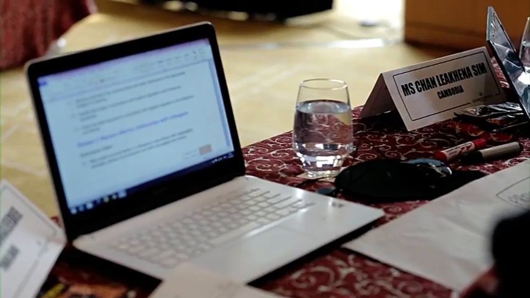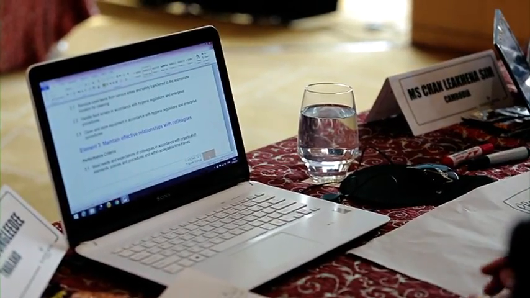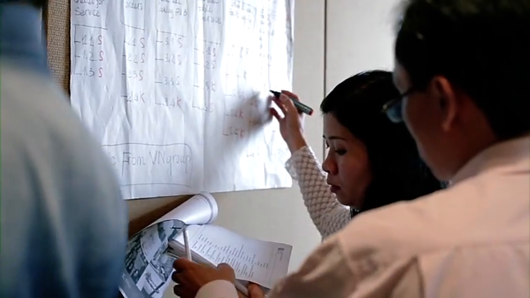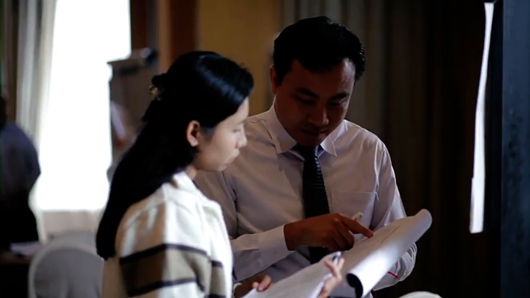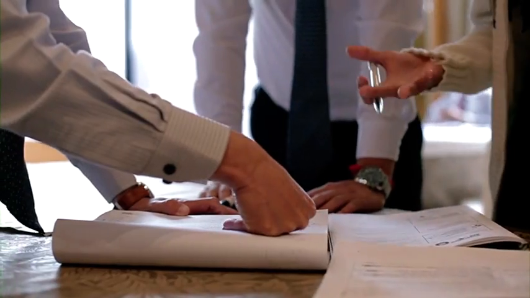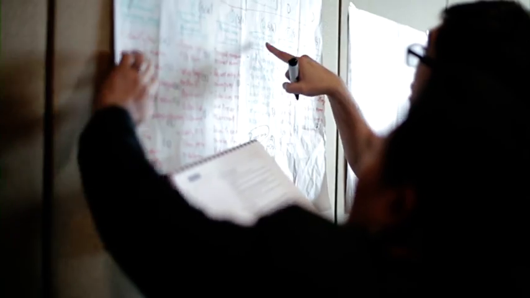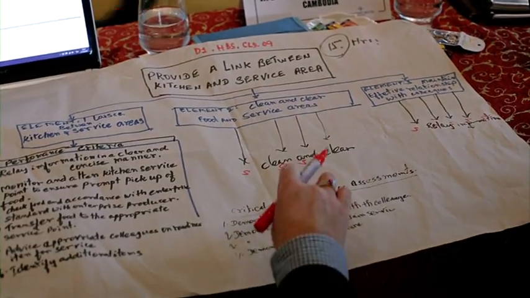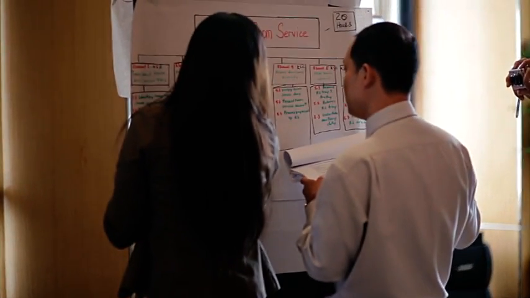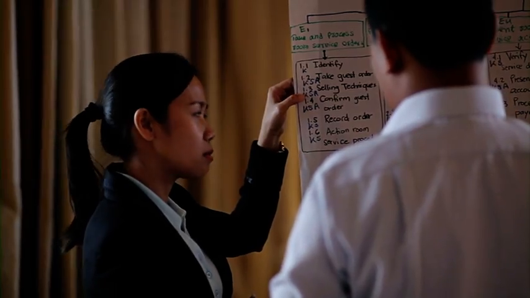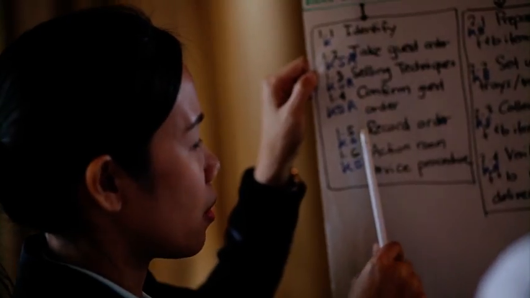So if we want to apply the training methods in our session, it's easy to reach the objective because we know clearly about the competency standard and we analyze each element and performance criteria, and then we apply the method in order to let the trainee participate, perform their task, and finally get competence.